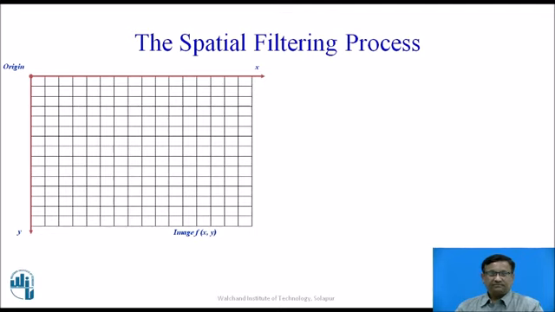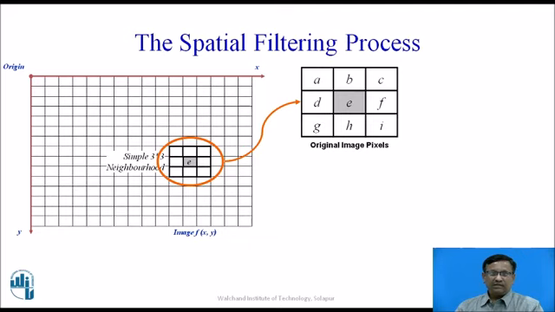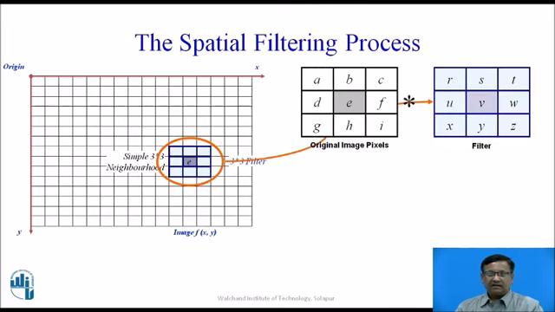Again, we look at the same image having Y rows and X columns, where f of x,y is the input image, and the center pixel is named E. Then there is a neighborhood of a simple 3 by 3 matrix, and we name those neighboring pixels A, B, C, D, F, G, H, I. These are the original image pixels, and the 3 by 3 filter is overlapped on the center of the original image, and its values are named R, S, T, U, V, W, X, Y, Z.